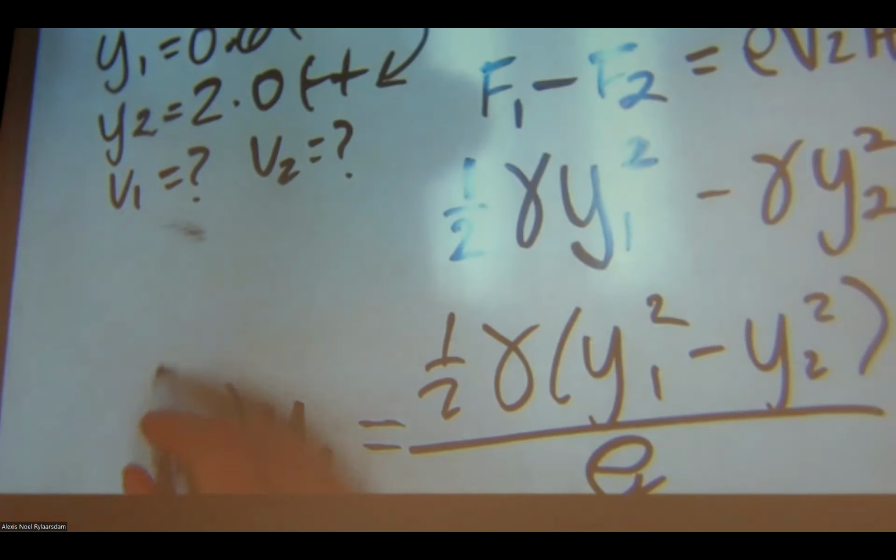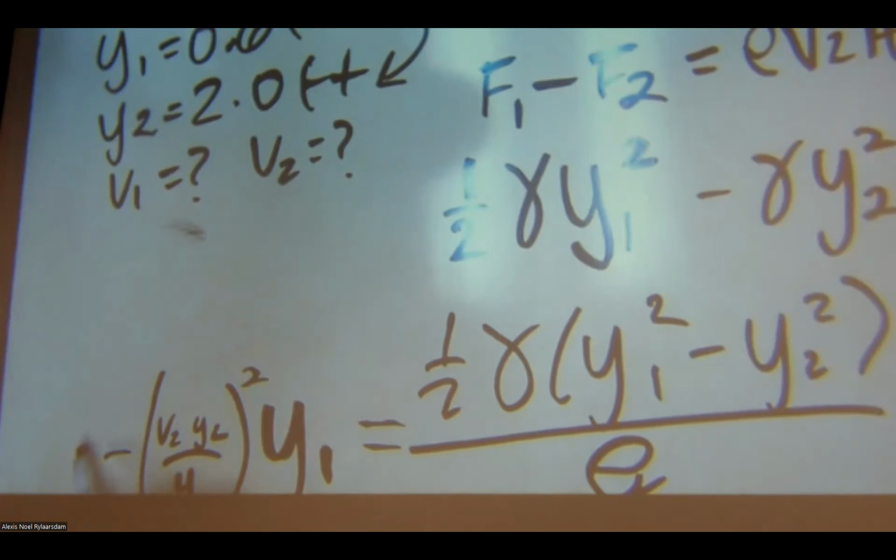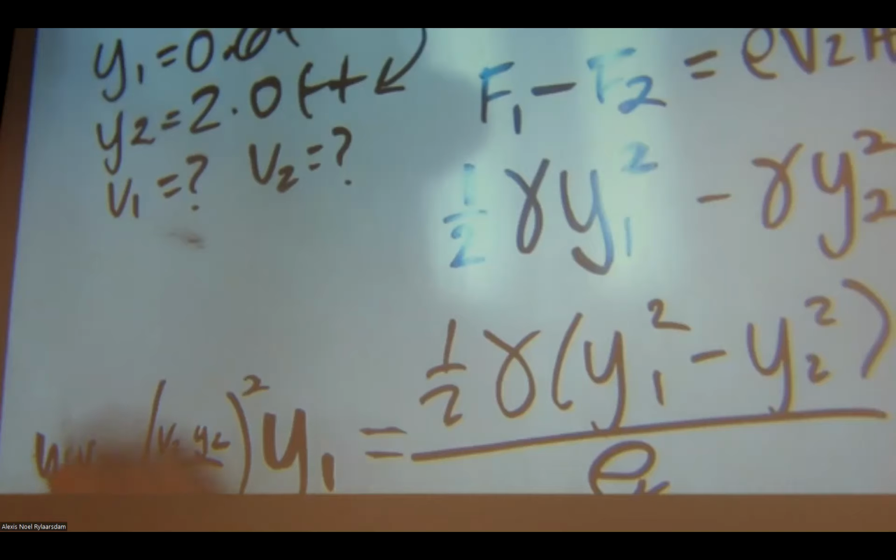V1 is going to be V2 times y2 over y1, squared, minus V2 times y2. Okay, based on simplification, we're going to pull out that v2, and then we're going to solve for our v2.